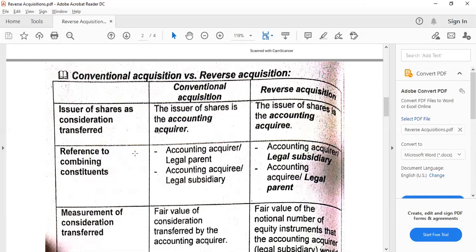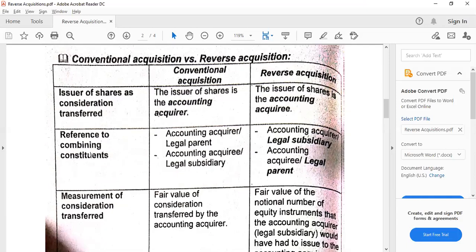So again, the reverse word. For the combining constituents, remember whoever is the acquirer is also the parent legally and accounting wise. But for the opposite in a reverse acquisition, the legal subsidiary, that is the entity that is in the contract as the one to be acquired, is actually the one that acquires.